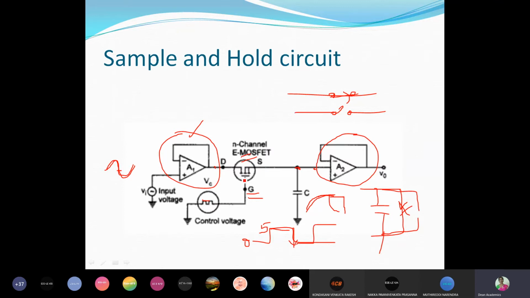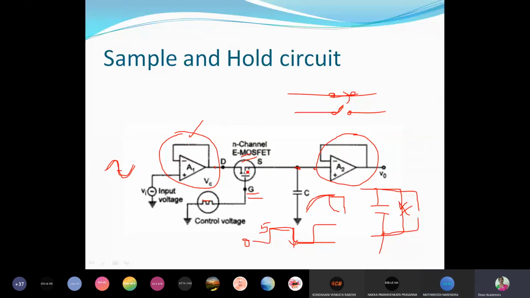So when is the switch open? When is this MOSFET switch open? Input is 0 volts. Right. When is it closed? Input is 5 volts, ma'am. 5 volts.